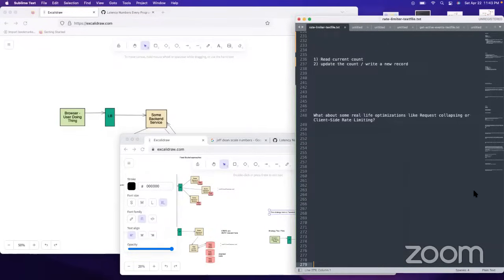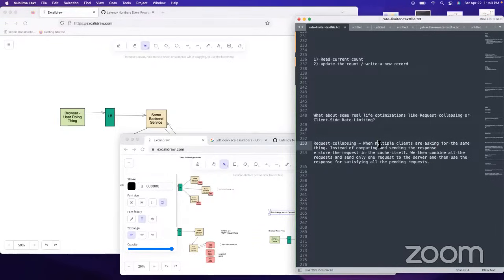Okay, he explained what request collapsing is. When multiple clients are asking for the same thing, instead of computing and sending the response, store their... Oh, that's like a caching trick. Yeah, if you're asking for the same thing, just store the pre-computed response.